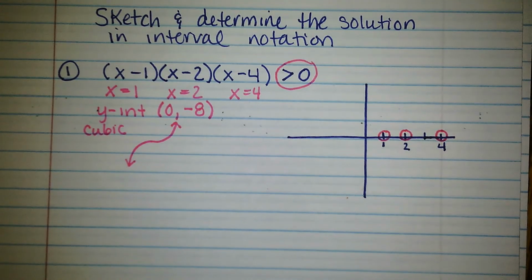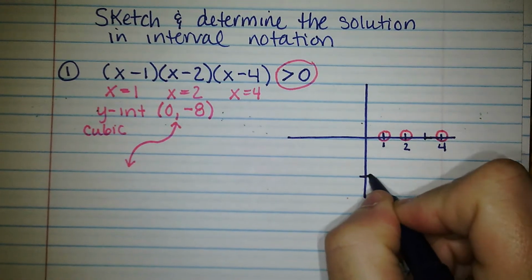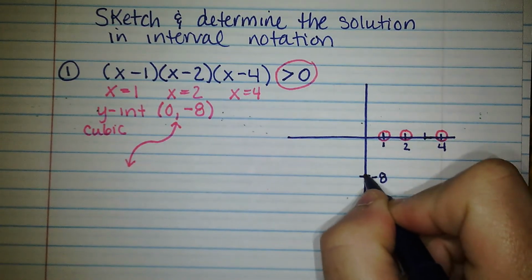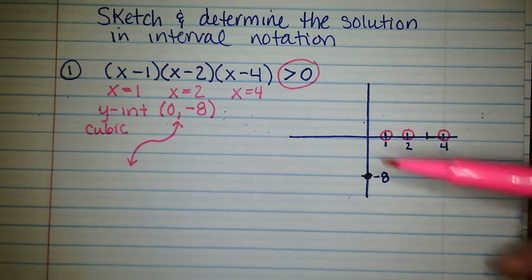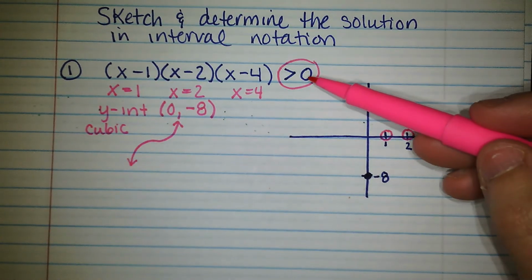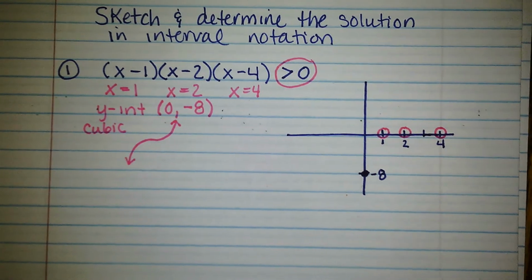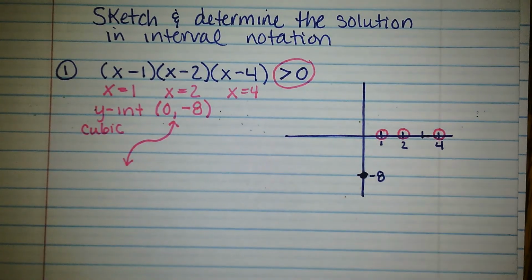The next thing is I need my y-intercept. Now, my y-intercept doesn't need an open circle. It just needs to be there for our graph to go through. But open circles have to occur because there's no equal sign on the x-axis.